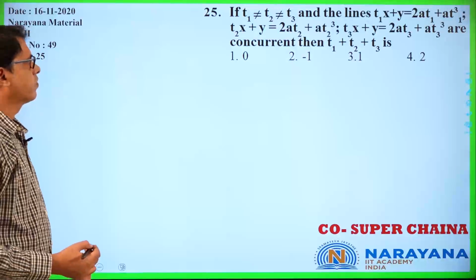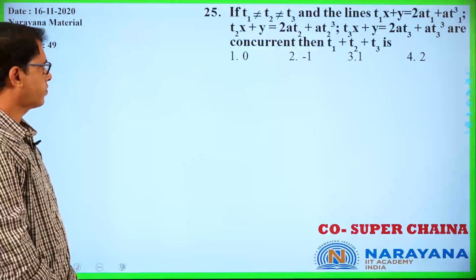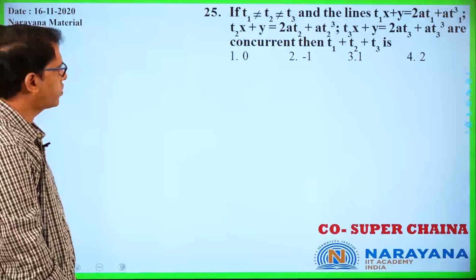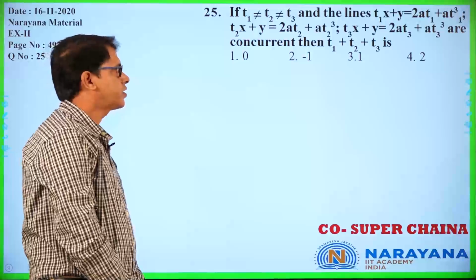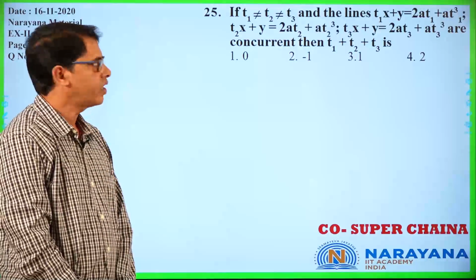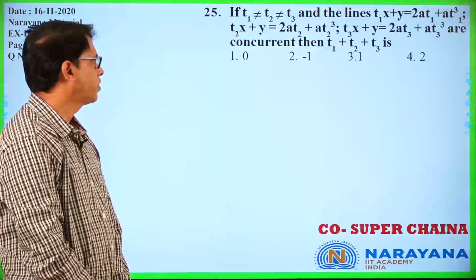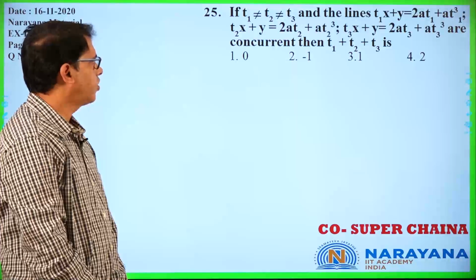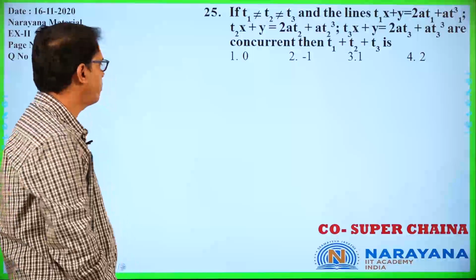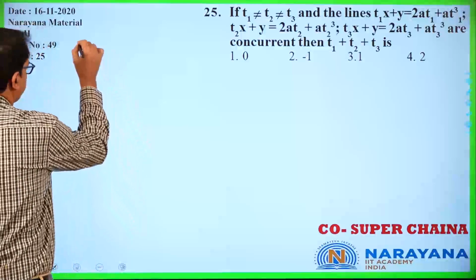is the required one. Okay, simple one. See here, if t1 not equals to t2 not equals to t3 and the lines t1x plus y equals to 2a t1 plus a t1 cube, then the second one t2x plus y equals 2a t2 plus a t2 cube. See, you observe the given lines.